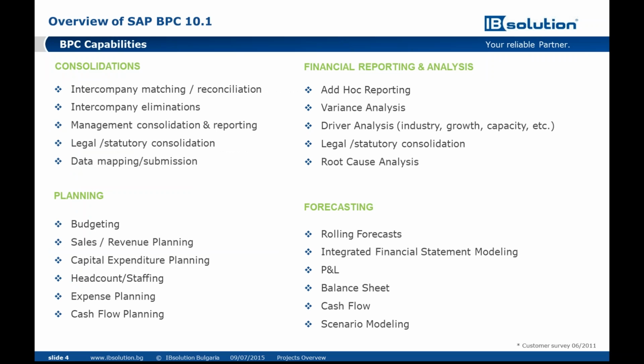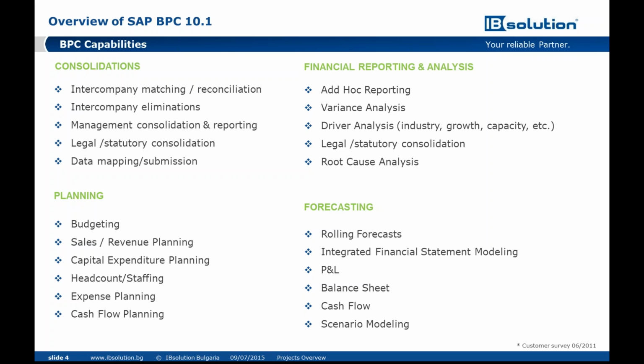Here we have consolidations, planning, forecasting, and financial reporting analysis. The consolidation brings the intercompany matching reconciliation as well, management consolidation and reporting, data mapping and submission. The planning: in this feature, the budget, the sales revenue planning can be done, the headcount, staffing, the cash flow planning, expense planning as well.